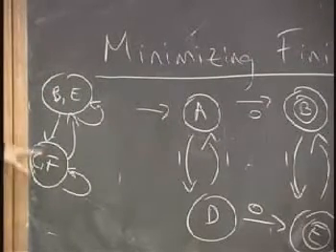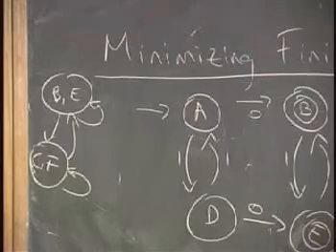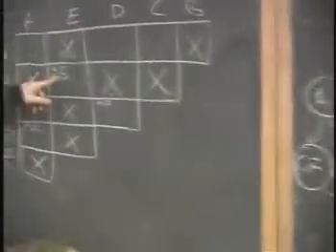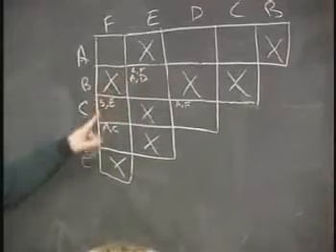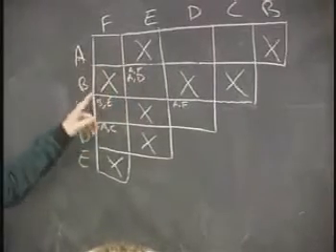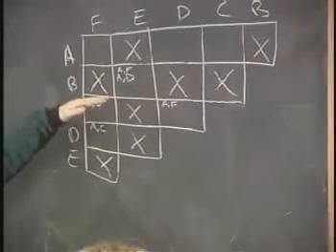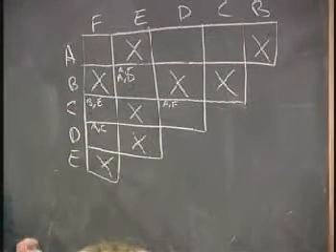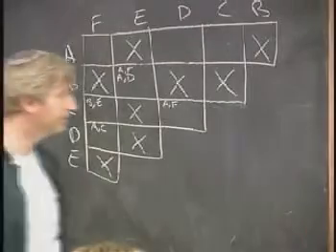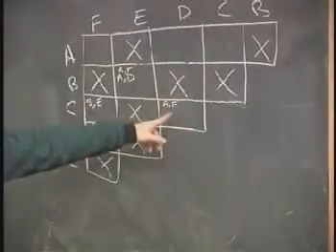So CF depends on BE. What does that mean? We're not going to go back here and put CF in this line, because that's a cycle. We never go back. We go forward and put things in, but we never go back. Going back means we found a cycle, and it means we're not ever going to get a distinguishable characteristic. So we leave that, and we move on to CD.